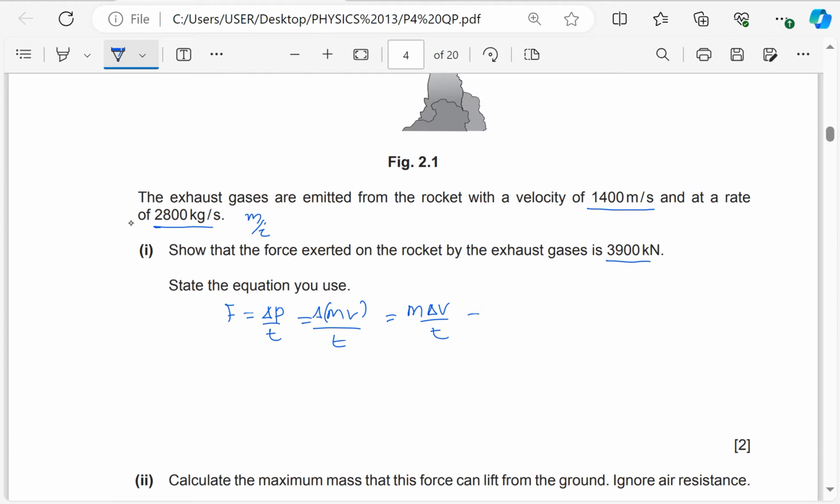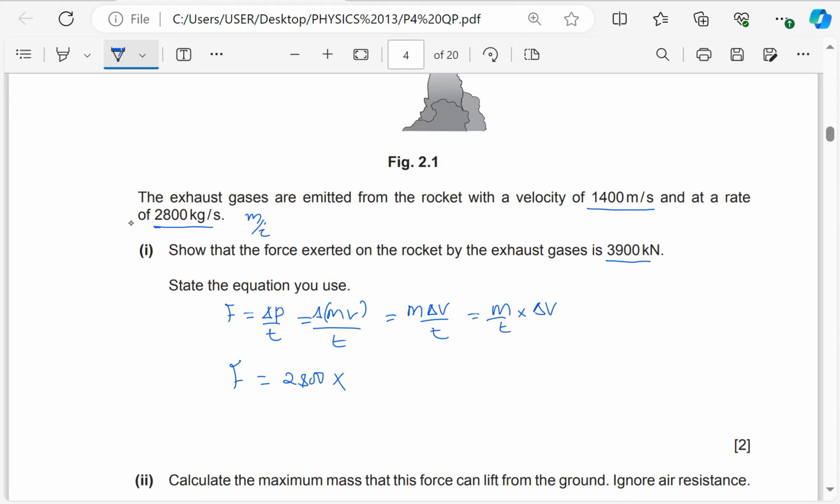We already know m over t. All we need is the change in velocity to give us the force exerted. So the force is going to be m over t, given as 2,800, times the velocity. The exhaust gases are emitted from the rocket with that velocity, so we can consider the change in velocity to be just 1,400.